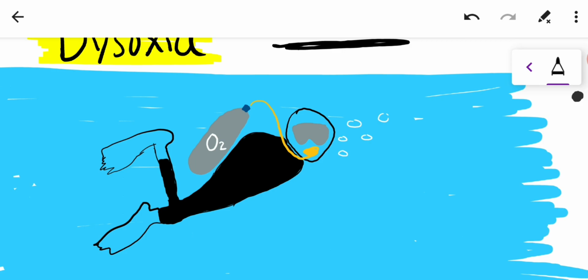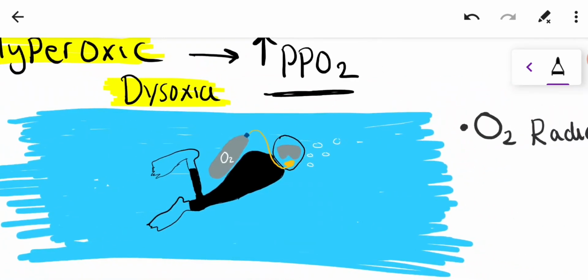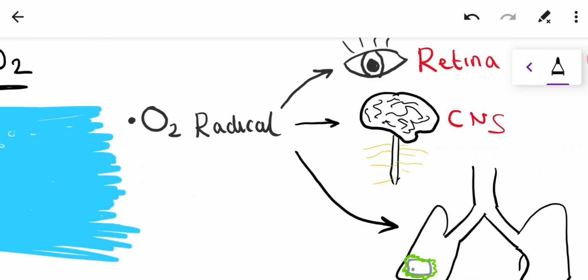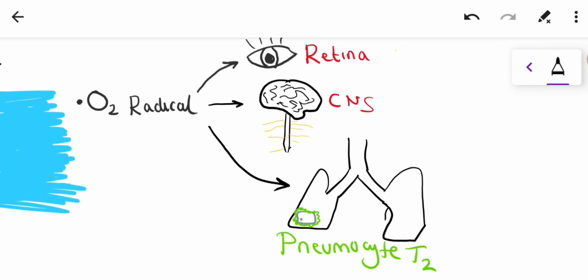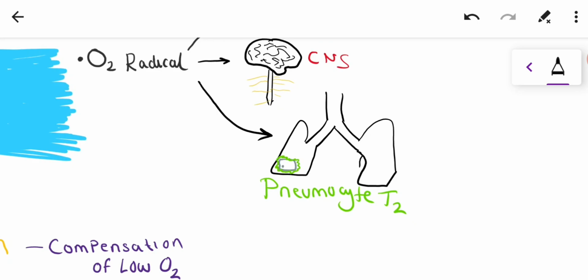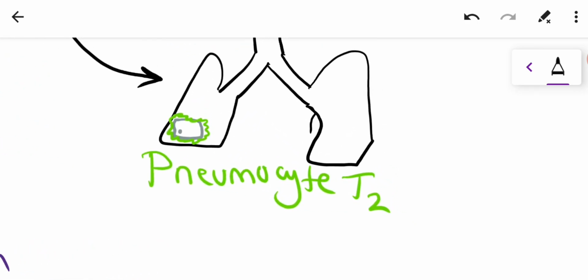They have these pure oxygen tanks, so they can have a high concentration in these oxygen tanks. It can lead to oxygen poisoning and different sorts of things, but basically this is what you need to know. Oxygen radicals can form, and this can damage the retina. It can damage the central nervous system and the pneumocyte type 2. Type 2 is responsible for surfactant.